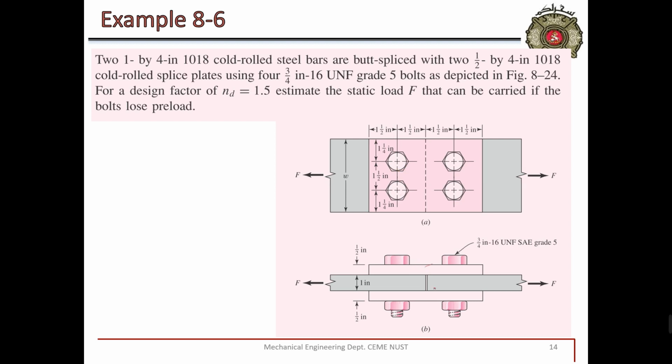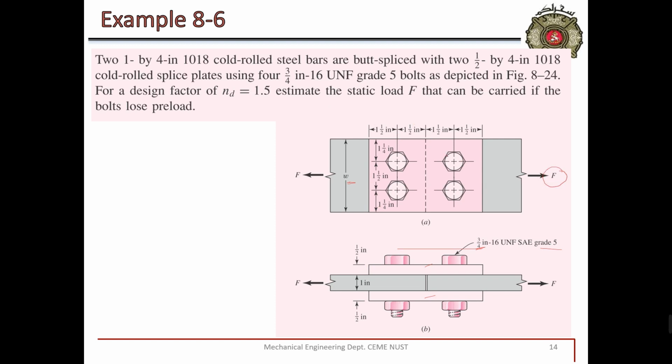You have one plate here, and two boards here and two boards here, and you have applied an external load F. They have also given the grade of bolt, the diameter of the bolt, the thickness of the plate, and the width of the plate. All the things are given, and also the distances. They have asked us to calculate F. How to calculate F?